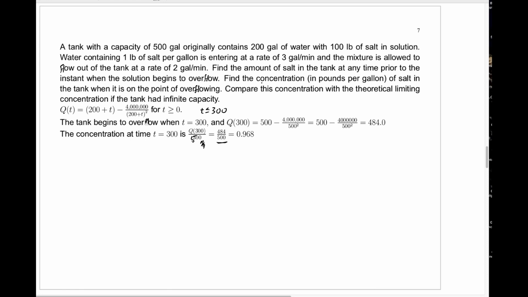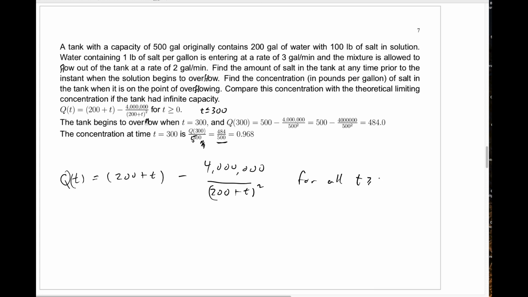It then asks us to compare this concentration with the theoretical limiting concentration if the tank had infinite capacity. Well, if the tank had infinite capacity, then it would be true that q of t would be (200 plus t) minus 4 million over (200 plus t) squared for all t greater than or equal to 0.